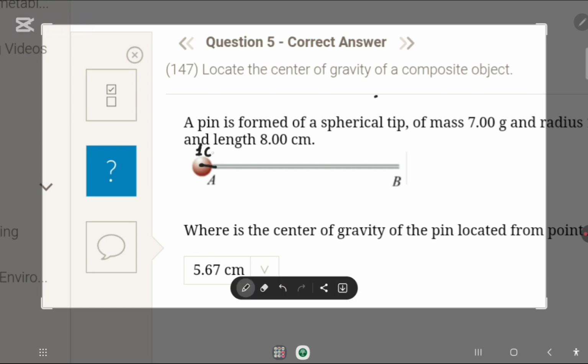The radius is 1 centimeter and it is 7 grams. And the rod here is 14 grams.